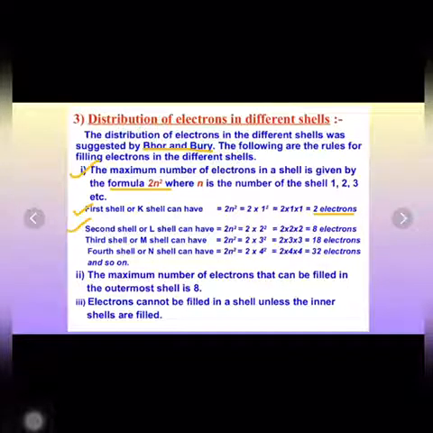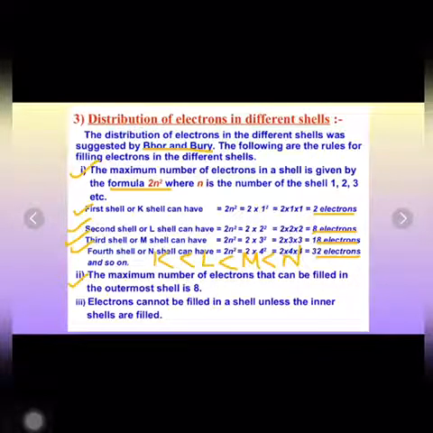Now the L shell, or the second shell: put the value of n as 2, and when you solve this, you will get 8 electrons. In the third shell, by putting n as 3, 18 electrons can be filled. And in the fourth shell, 32 electrons can be filled, and so on. Starting from the nucleus of the atom, the order of the energy of these shells is K, L, M and N.